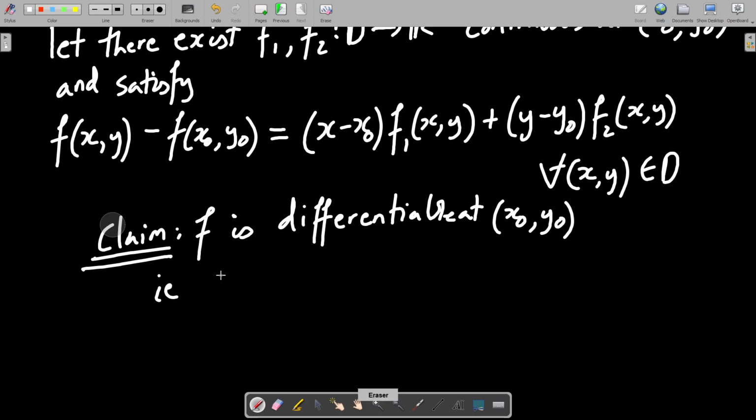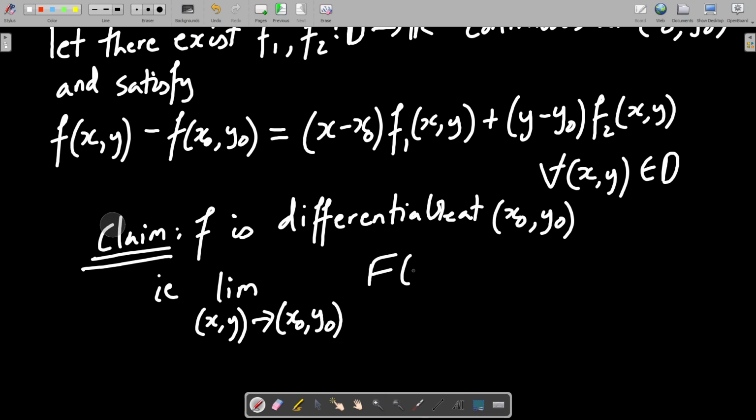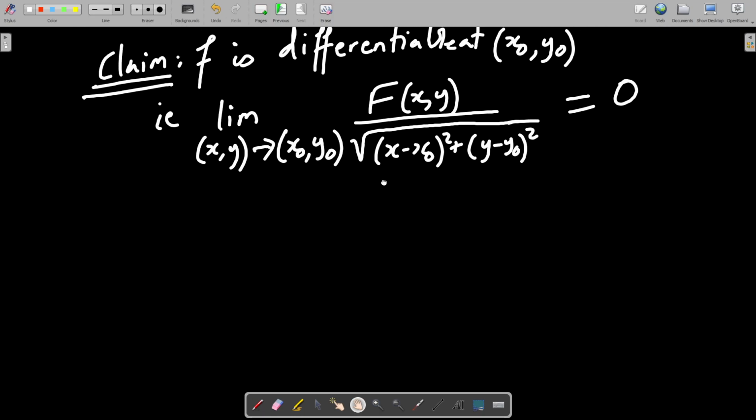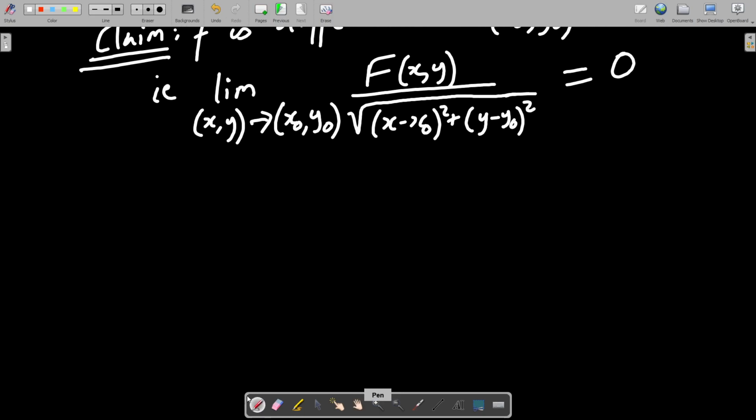That is, I have to show equation number 3 on top is true, that is, the limit as (x,y) tends to (x0,y0) of this quantity is equal to 0, where φ(x,y) is defined as before, as we have defined in the original part of this proof.